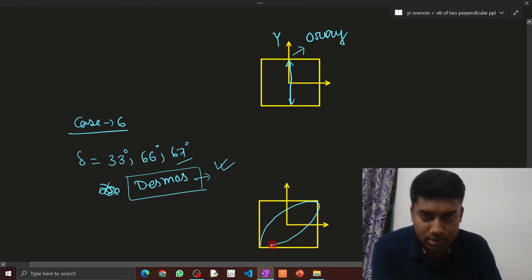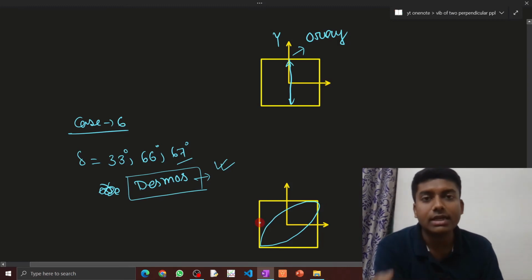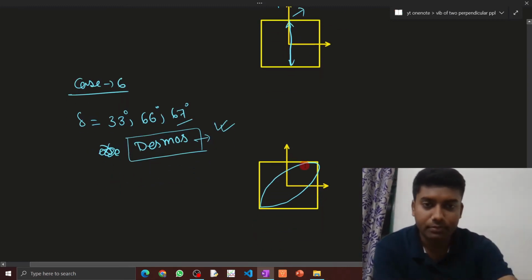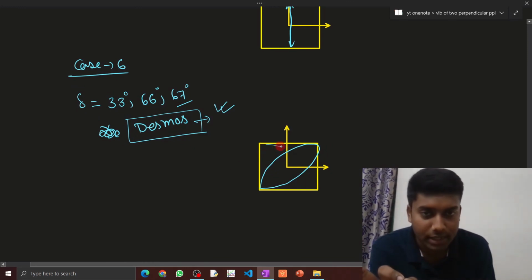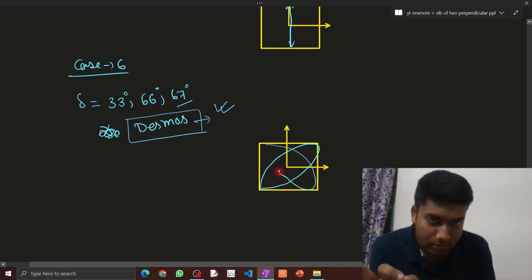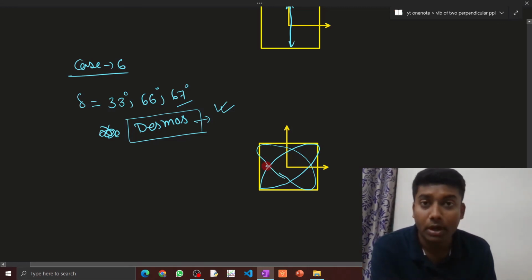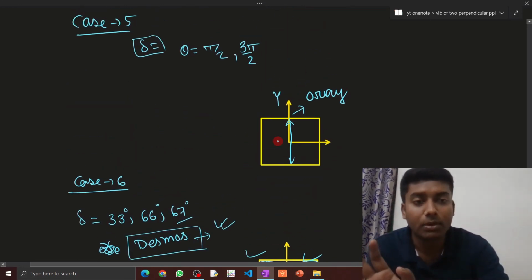tilted ellipse. This is called a tilted ellipse. This type of ellipse you will get, or otherwise you will get one like this. So how can you find what the ellipse will be, like this or like this? You will get it in a similar fashion.